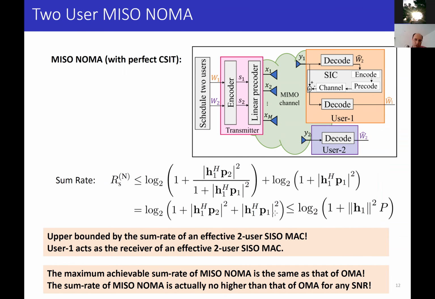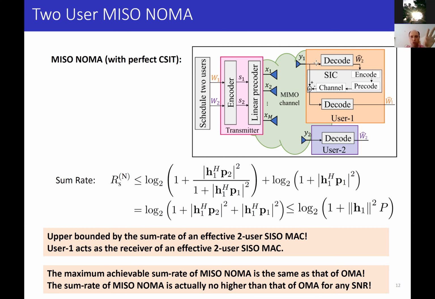And what does that tell us? What you see here is that the sum rate of MISO-NOMA is essentially upper bounded by this quantity. Now, what is this quantity? This is the sum rate of an effective two-user single-antenna, so SISO, multiple access channel. Why? Because user 1 acts as a receiver and sees two messages coming to itself.